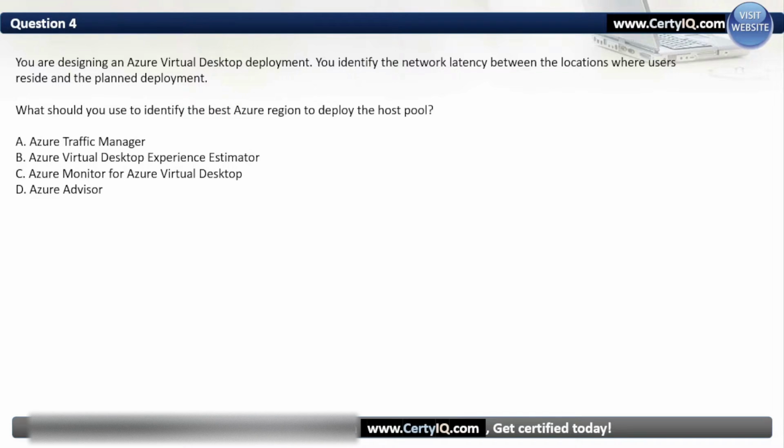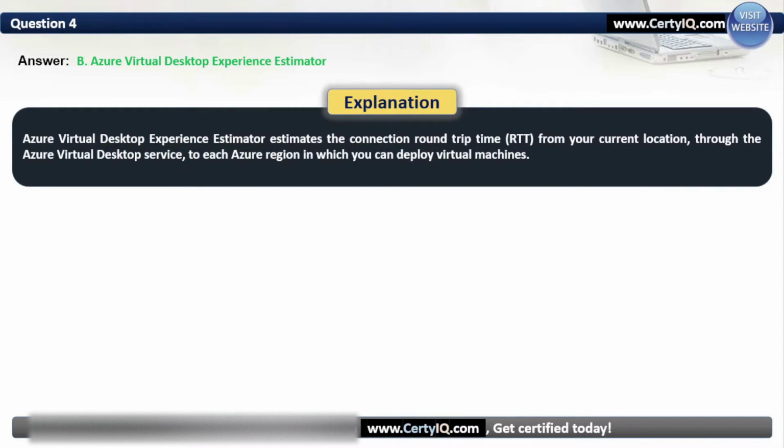The correct option is Azure Virtual Desktop Experience Estimator. Azure Virtual Desktop Experience Estimator estimates the connection round trip time from your current location through the Azure Virtual Desktop service to each Azure region in which you can deploy virtual machines.